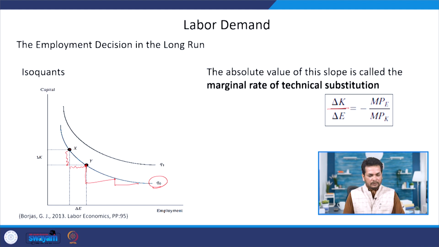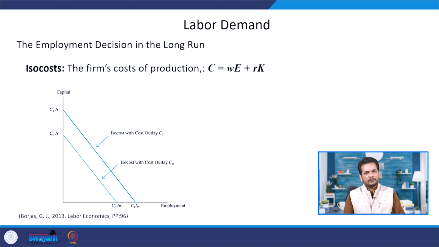Now, the farm can produce different levels of output by employing different levels of factor inputs. In order to produce, the farm has to bear certain costs. The farm is going to employ labor and capital to produce a fixed level of output. So, the total cost for the farm is the cost of labor plus the cost of capital.